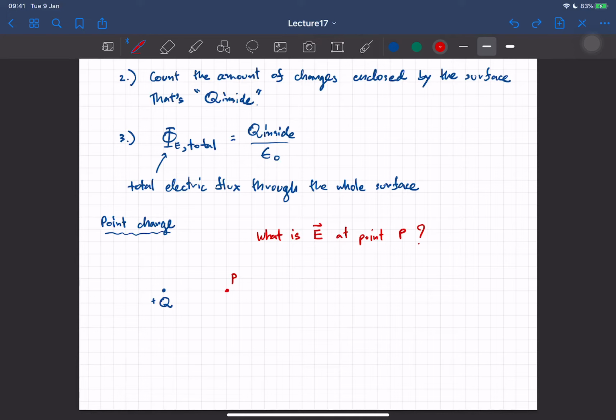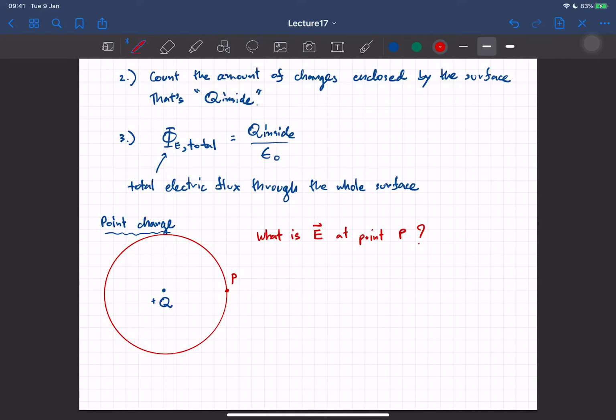It probably doesn't make sense to define a surface which is cylindrical, something like this, because clearly this problem doesn't have this kind of symmetry, unlike the problem of a straight wire that we did last time, which has cylindrical symmetry. We don't have that here, so we should instead construct a surface which is spherical, and in two dimensions is essentially just a circle, looks like this.